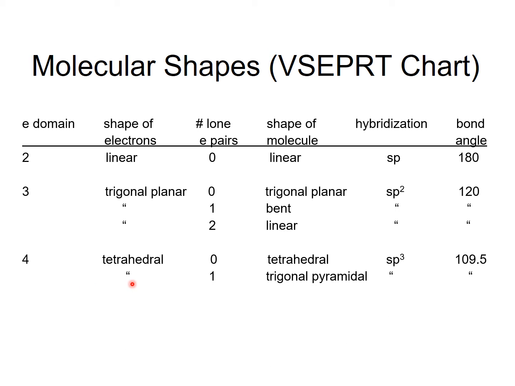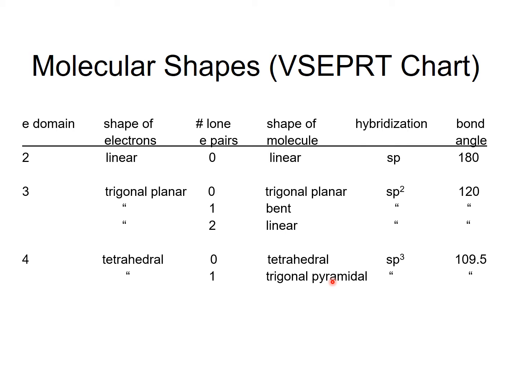If the electron shape is tetrahedral, so it still has four electron domains, and you have one lone pair, that means that the molecule is trigonal pyramidal. Why is that? Because if you remove one of the legs of a tetrahedral, then it looks trigonal pyramidal. I'll have to show you this structure in class because you probably can't visualize it.